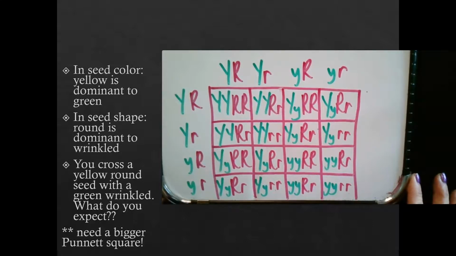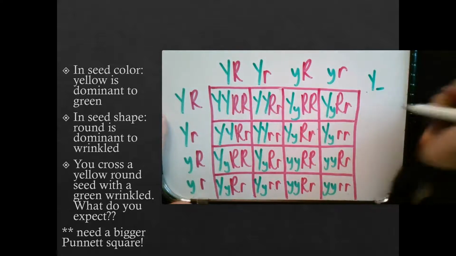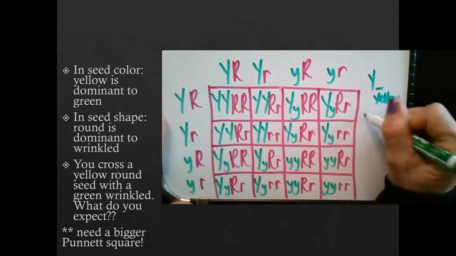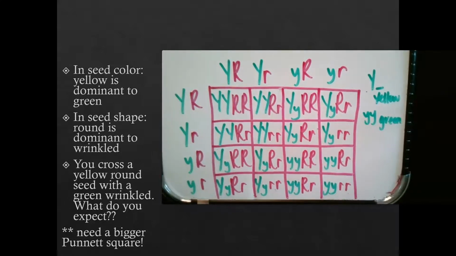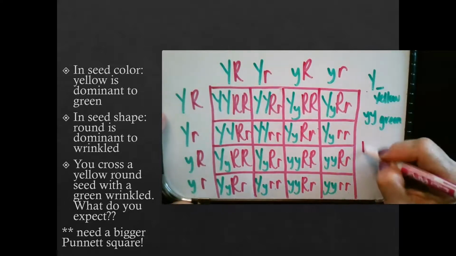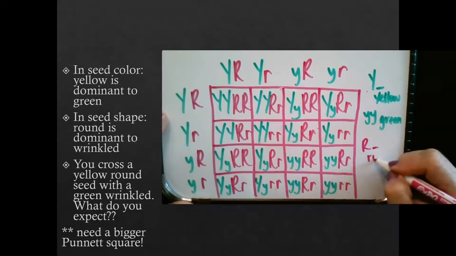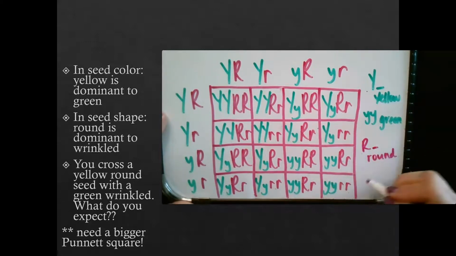And now what we want to do is start thinking about, what does any of this tell us about the phenotypes of our offspring? So remember that big Y blank is going to give us yellow, and two little y's give us green. And also remember that big R blank is going to give us round, and little r is going to give us wrinkled.